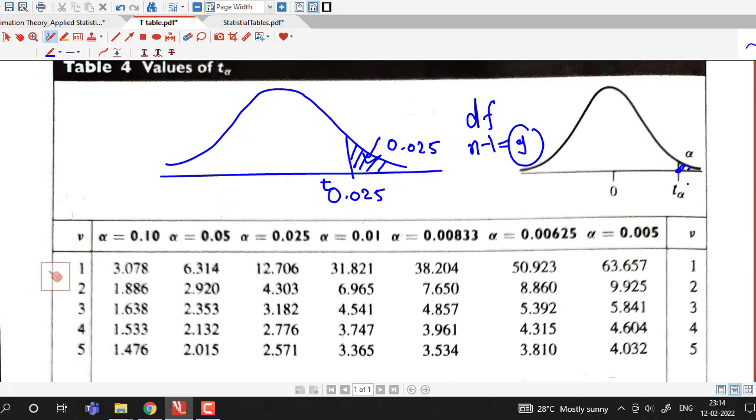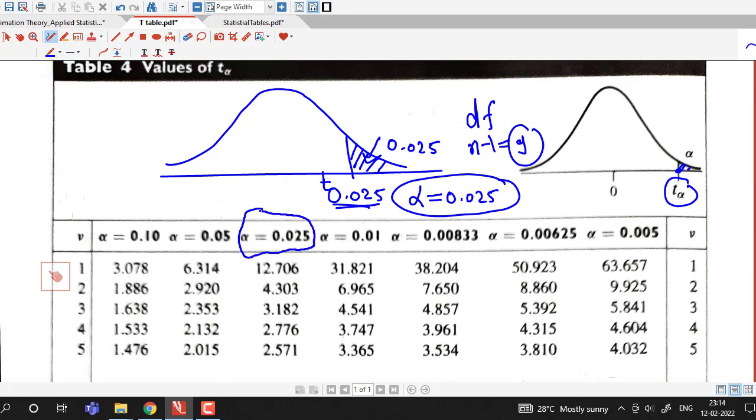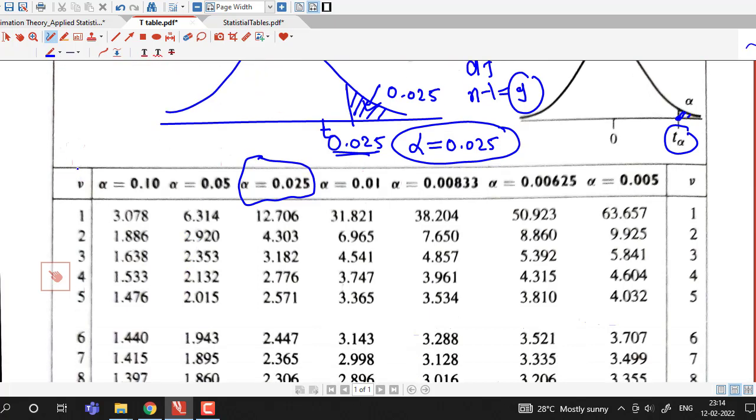If we compare with this, here we have T alpha, here we have T suffix 0.025. So we will consider alpha equal to 0.025 for using this table. Here alpha equal to 0.025 is here, and we have to search for nu, that is degrees of freedom. If we recall, degrees of freedom is denoted by this symbol nu.